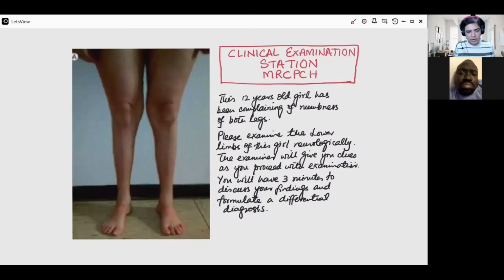So you can say ataxia telangiectasia, Friedreich ataxia, and hereditary sensory motor neuropathy type 1, which is also known as Charcot-Marie-Tooth disease. That way, you can impress the examiner that you know about the causes of chronic muscular dystrophies or distal neurological problems with gait issues or with numbness.